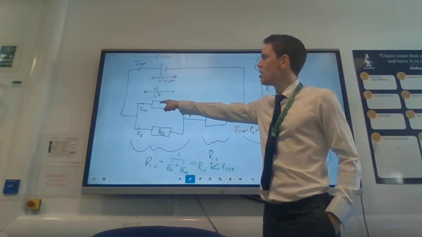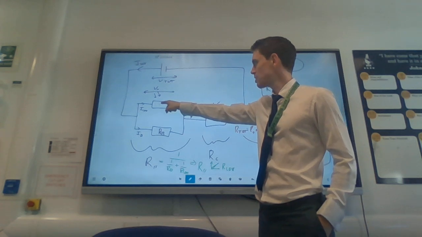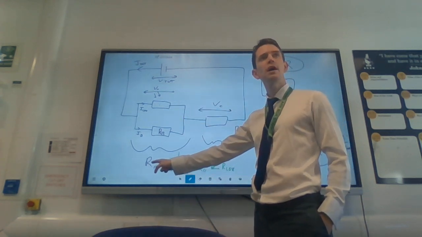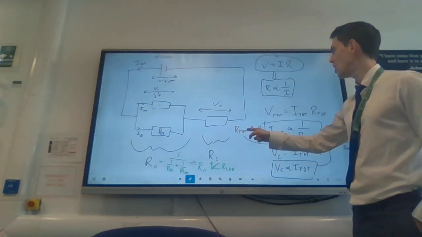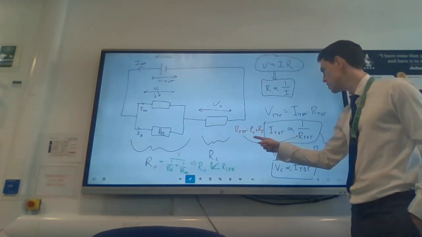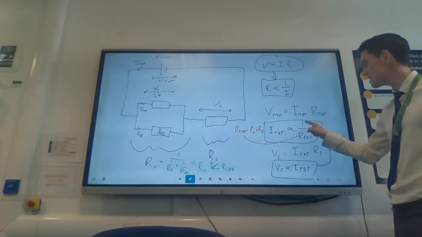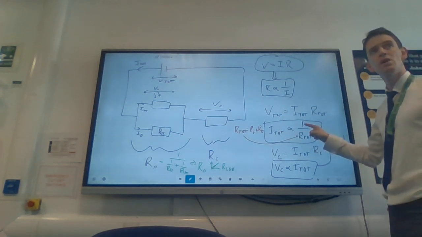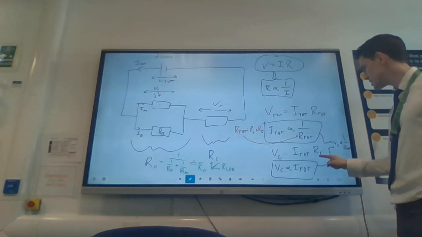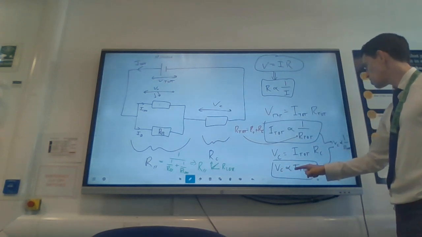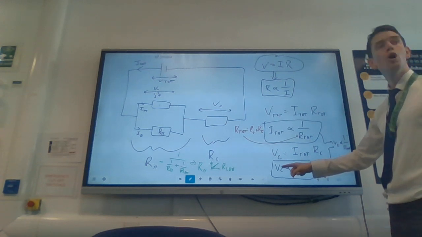So R LDR goes down, causes R parallel to go down, causes R tot to go down, causes I tot to go up. We can say that because V tot's constant. Causes VC to go up.